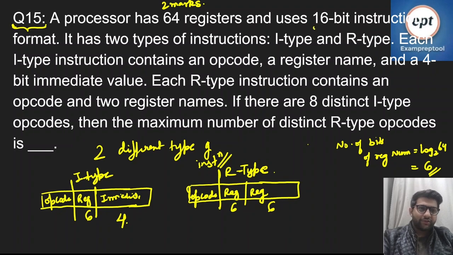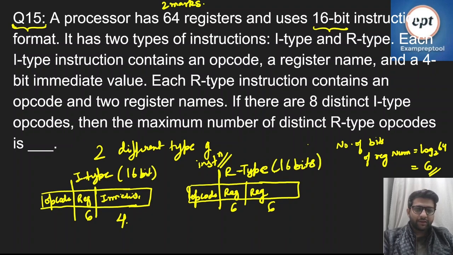Now the instruction length was given as 16 bits. So this was also 16 bits, and this was also 16 bits. So the size of the opcode for R type instructions will be 16 minus 12, which is 4. And the length of the opcode for I type instruction will be 16 minus 10, which is 6, right?